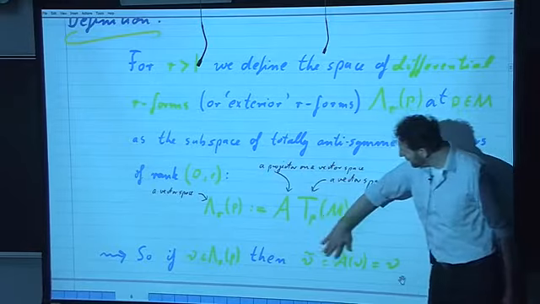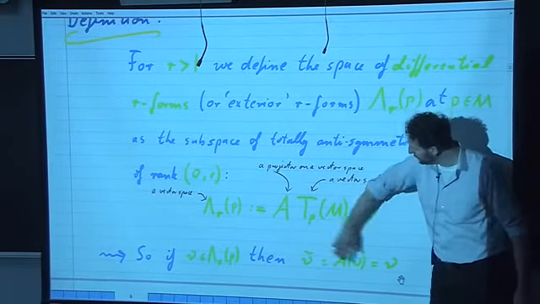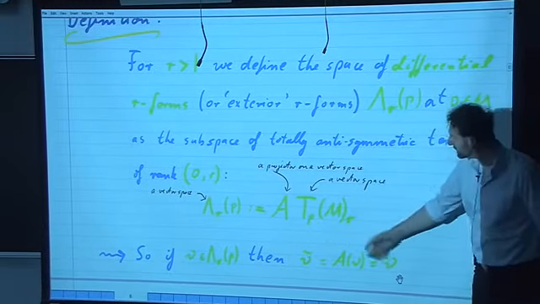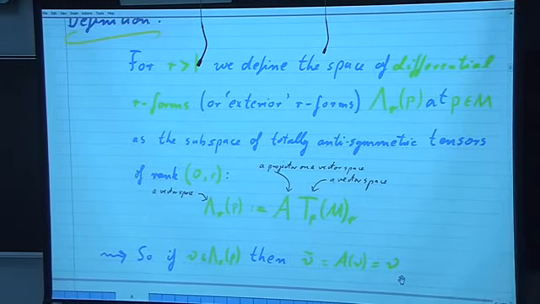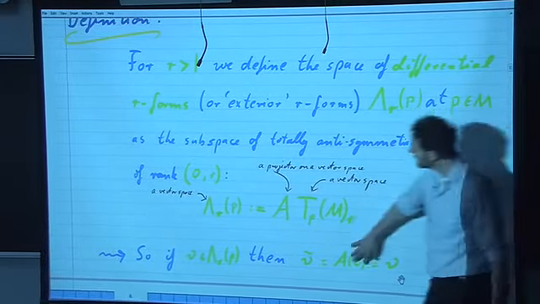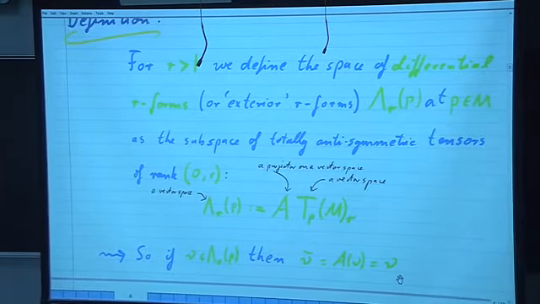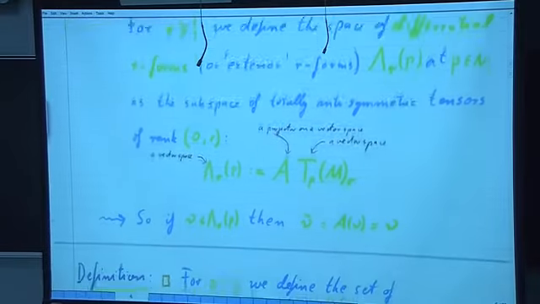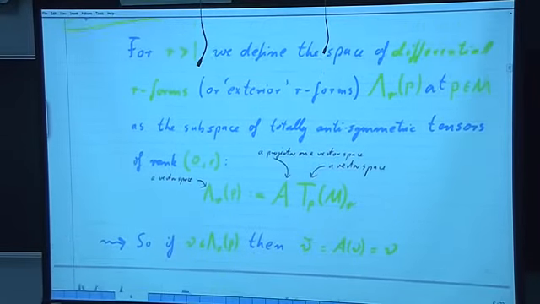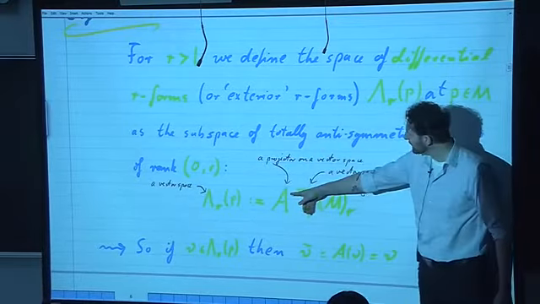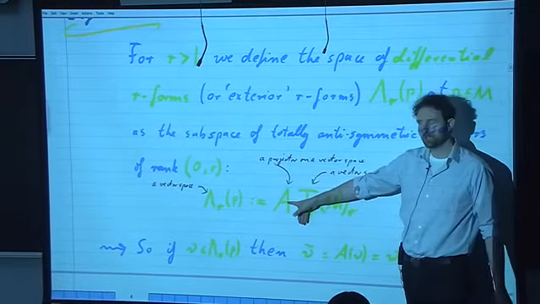Therefore, if we apply the antisymmetrization operator on this nu, then we get nu tilde, which is the same as what we started from. The antisymmetrization operator does nothing on those which are already antisymmetric. In other words, this is the eigenspace of the antisymmetrization operator with eigenvalue 1.